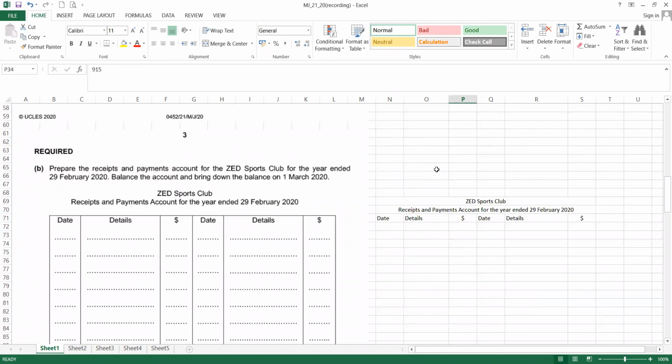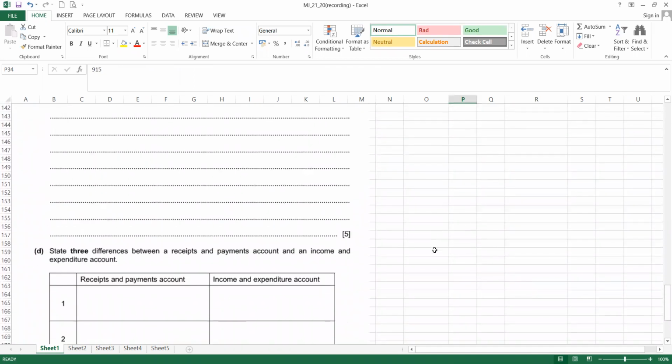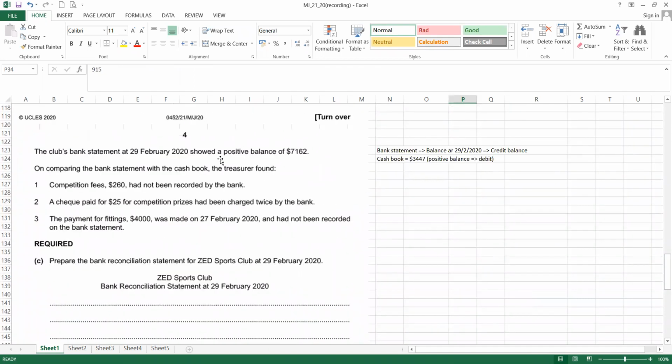Out of this amount, they have 260 that has not been recorded by the bank. In the bank reconciliation, we call this an uncredited amount. So take note, this is an uncredited amount.